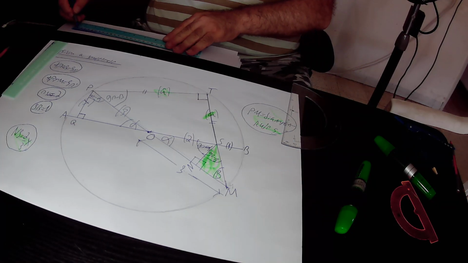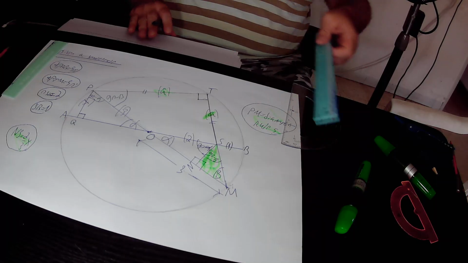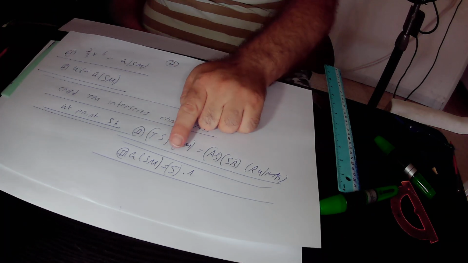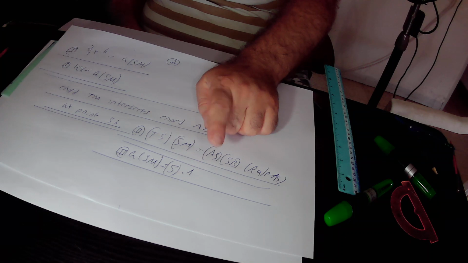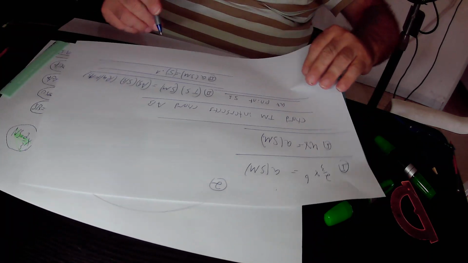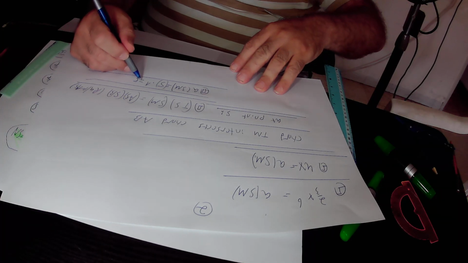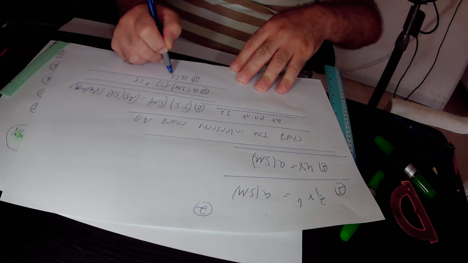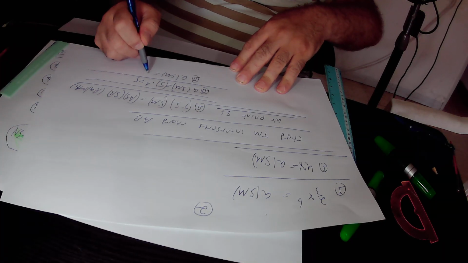So in total, according to equation 2, A times SM equals 5 times 1. 5 times 1 is 5, so according to equation 2, A times SM equals 5.